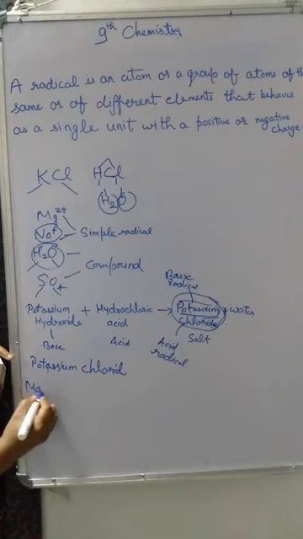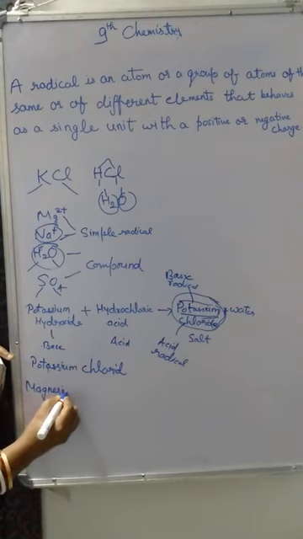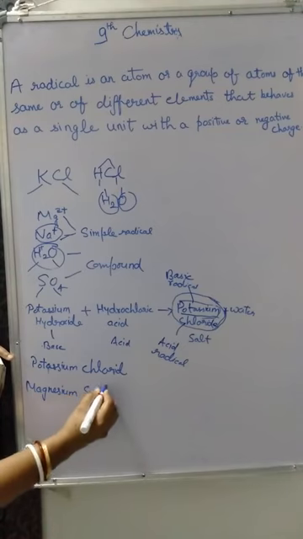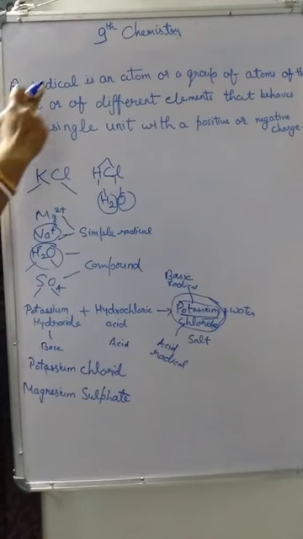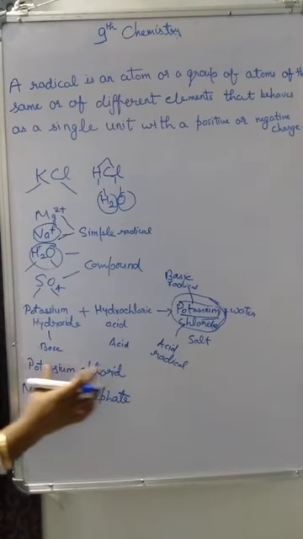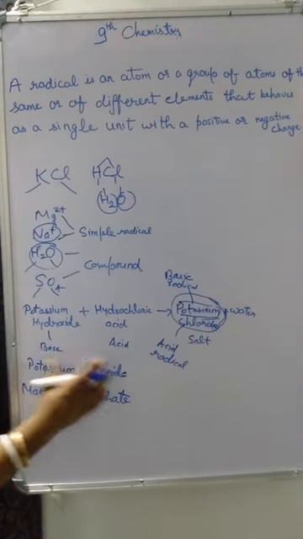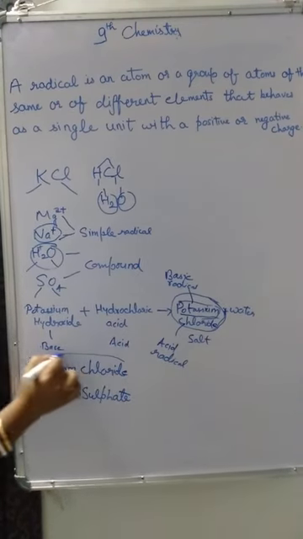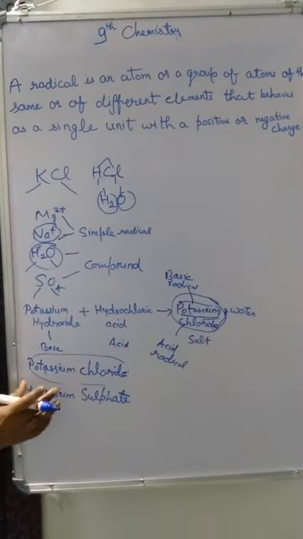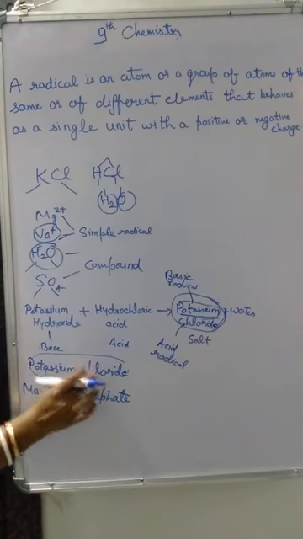and magnesium sulfate. Now see this definition. A radical is one atom or a group of atoms of the same or different elements that behave as a single unit, with a positive or negative charge.